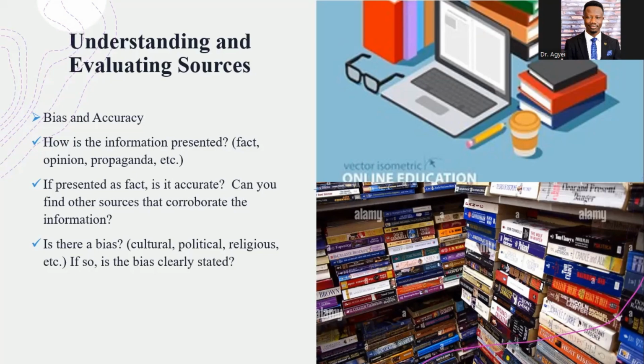And then apart from that, look at the material itself. Is the information over there accurate? Did the person take length and other things to ensure that there are no biases? Nowadays there are also issues that we need to be very careful about in terms of cultural, political, and religious biases.